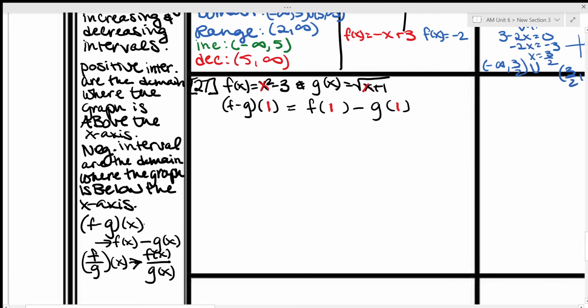Okay, so that'll look like this. My f function is right here, so it'll be something squared minus 3, but that something is going to be a 1. And then I'm going to have over here with my function for g, that's going to be square root of something plus 1, but that something is 1. Okay.